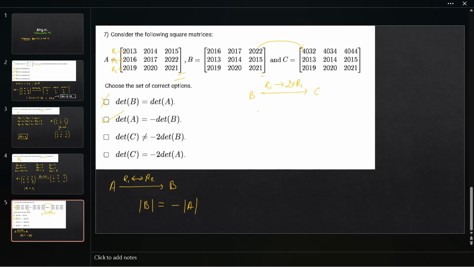That means the determinant of C could be expressed as 2 times determinant of B. So option 3 is correct, that it is not equal to minus 2 times determinant of B. And since determinant of B was equal to minus determinant of A, we can also express the same thing as 2 times minus determinant of A, that is minus 2 into determinant of A. So option 4 is also correct. So this was all about question 4, 5, 6, and 7.